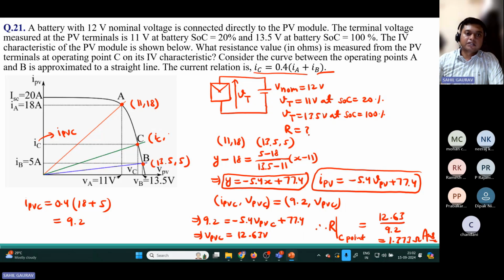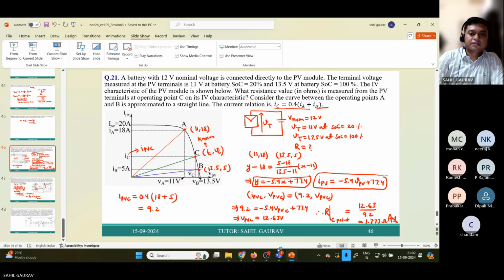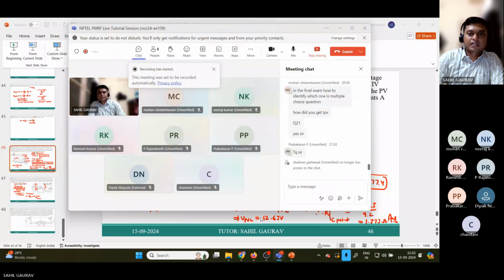So you have to find one point only, VC. This is known. And from these 2 points, you can get a straight line equation. Then you can easily find VC. So it is very simple. And IC you are getting from this relation, right?